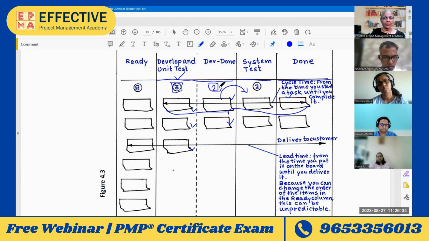And 2 is some number that came to my mind discussing with the team. And system done also is 2. Done cannot have a limit because whatever you finish goes there. This is how you will be able to control WIP cost, and this is how you will be able to control the bottlenecks.